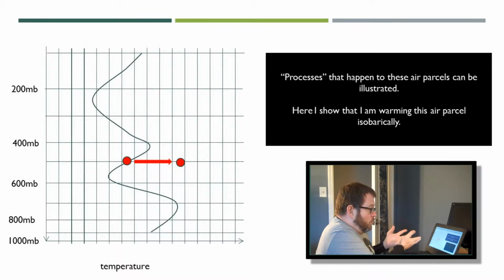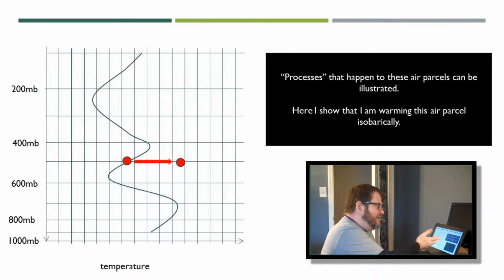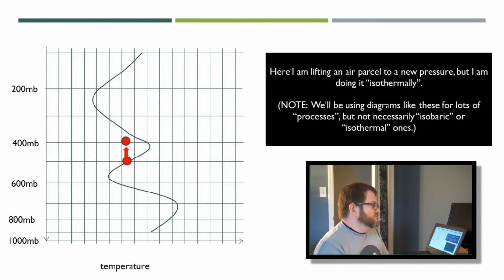For example, if I warmed this air parcel isobarically, we would be keeping the same pressure but going to a higher temperature, as I showed on this diagram. Or I could lift my air parcel isothermally. We would stay at the same temperature but be going up to a lower pressure. These are processes, an isothermal process or isobaric process.